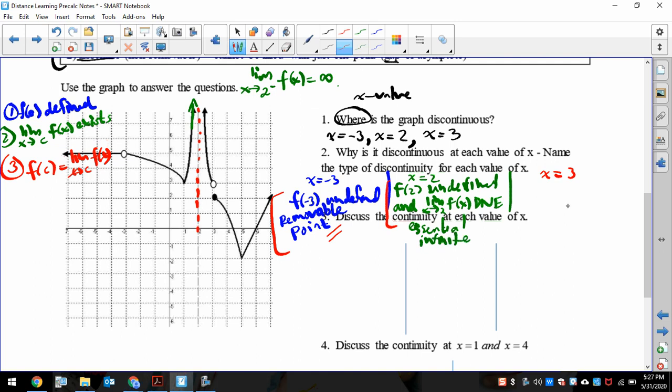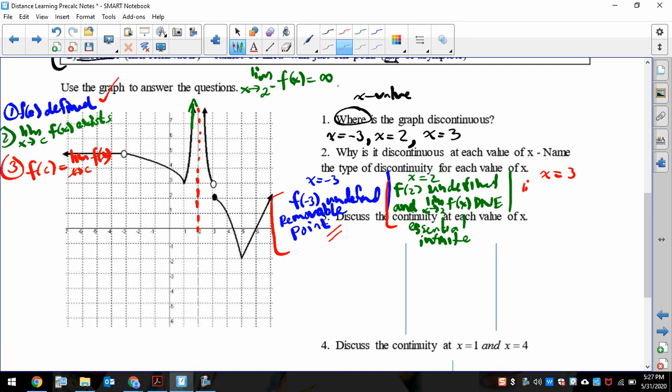Okay, and this one over here is, let's see, so at x equals 3, this would be a gap in between them. So is the function defined? And the answer is yes. It's defined right here. And so it passes number 1, but it fails number 2.